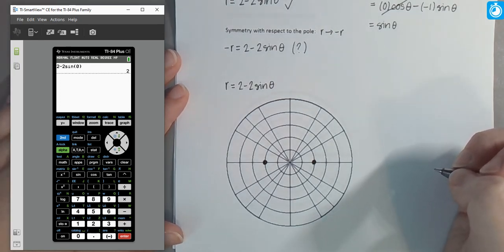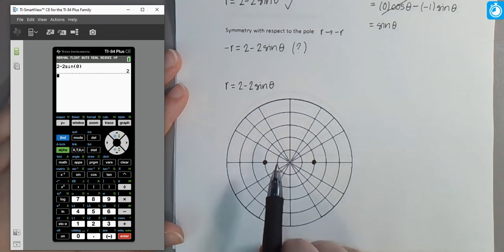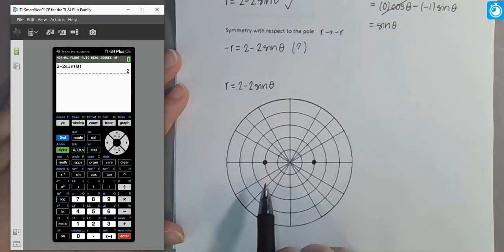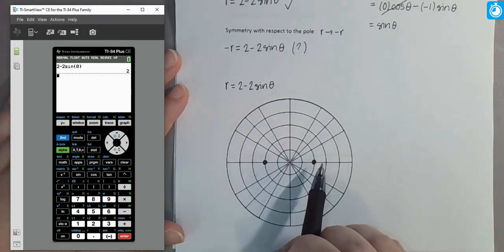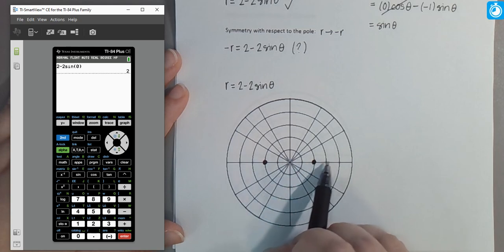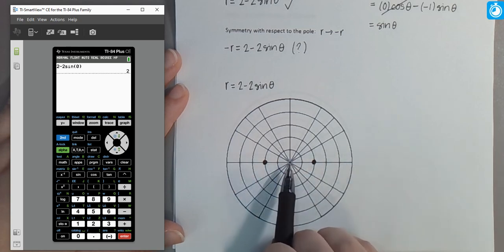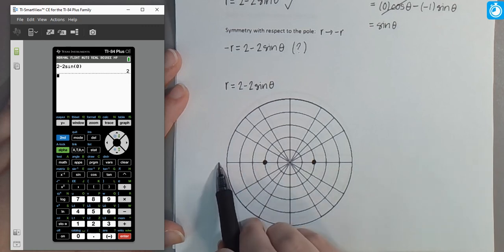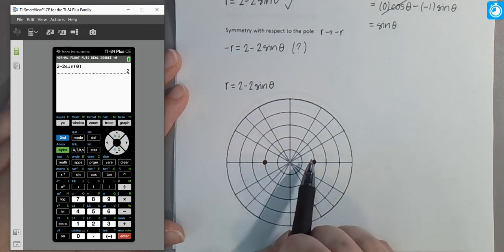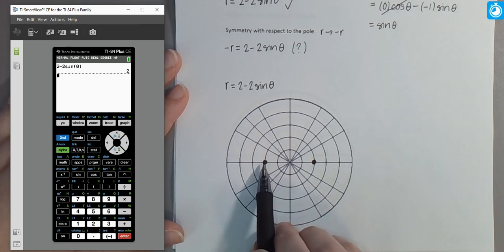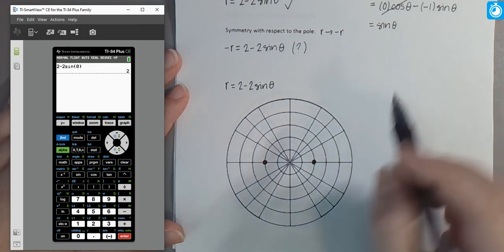Now, what the symmetry test doesn't tell us is when we would actually graph this point. But it's reasonable to assume that if we graph this point for theta equals 0, then we would graph this point for theta equal to pi. So ultimately, we should get to this point once we've rotated halfway around. Okay, so let's keep going.